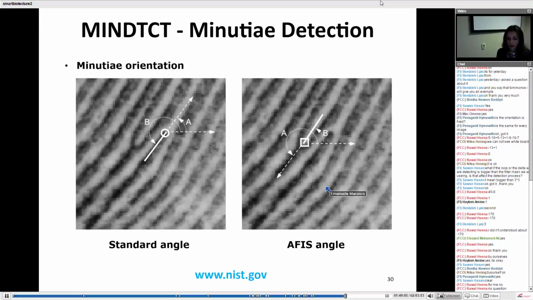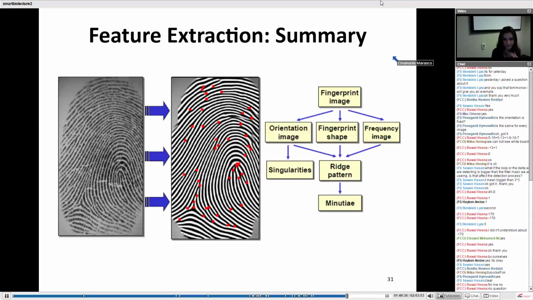But the one used in the automatic fingerprint system is the second, A, so we normalize it so that it ranges between 0 and 180. The AFIS angle will be between 0 and 180, following the direction of the ridge or tangent.